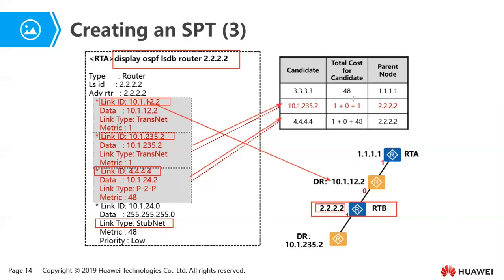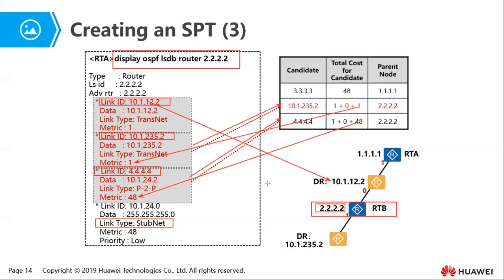After adding it, we do the total cost. So this one, the total cost is 1 plus 0 plus 1. Where is this last one coming from? From the cost here, the metric. Where is this 48 coming from? From the cost here, the metric. So 1 plus 0 plus 48, and 1 plus 0 plus 1.